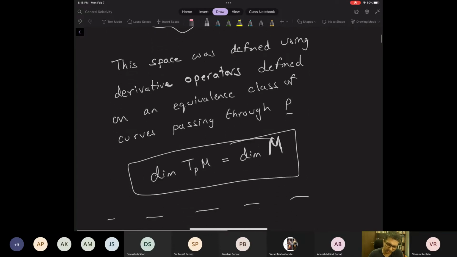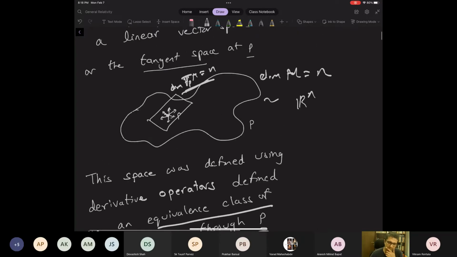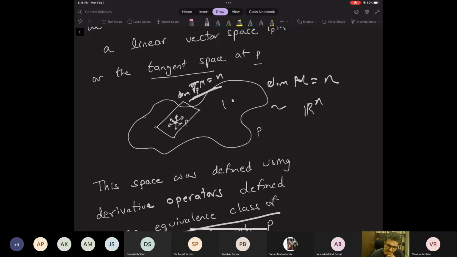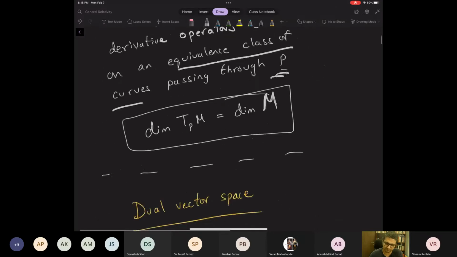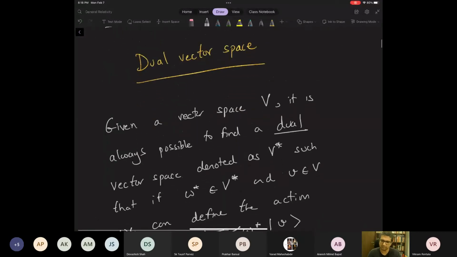This space was defined using derivative operators on an equivalence class of curves which pass through the point P. Each point P on the manifold has its own tangent space, and in general, there's no relationship between these different tangent spaces on an arbitrary manifold.